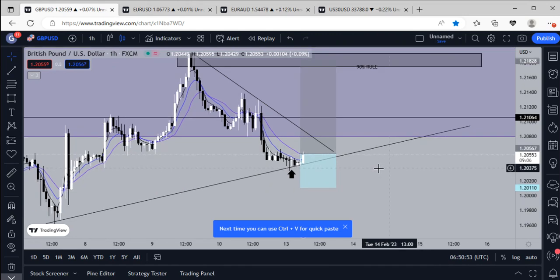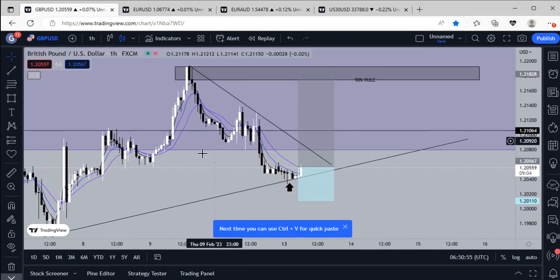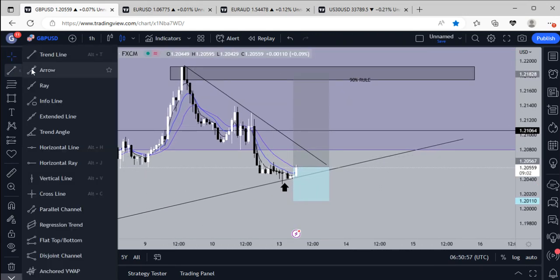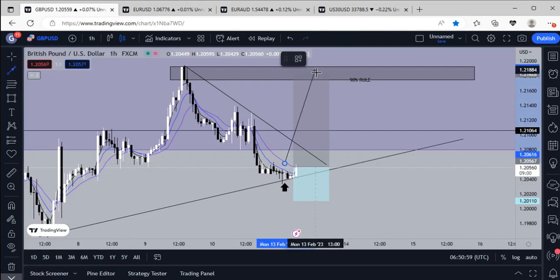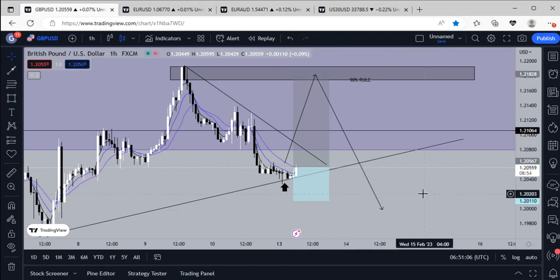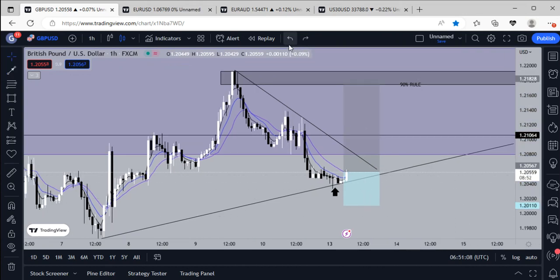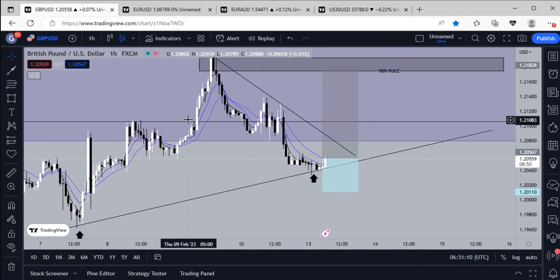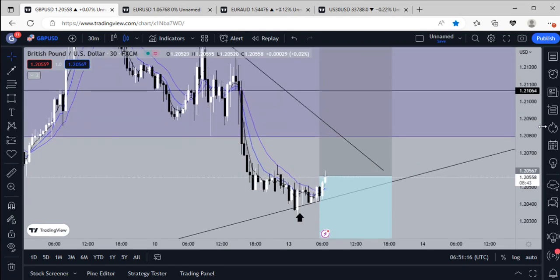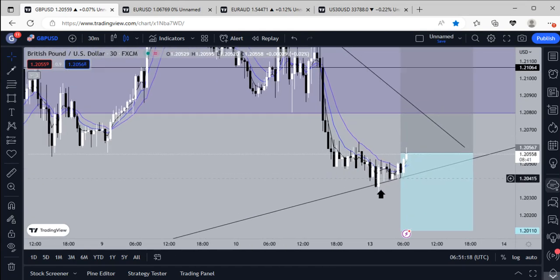And yes, 90% rule can happen like that. Once price reaches this area over here, what price can do is it can go back down following the 90% rule. So that is the analysis that I can have for GBPUSD.